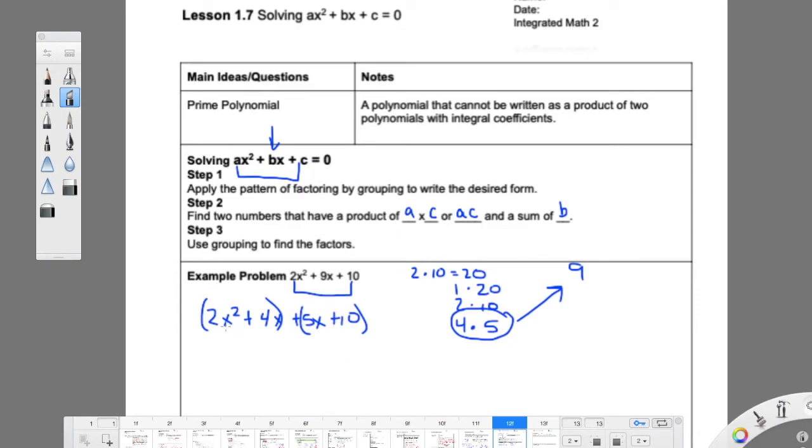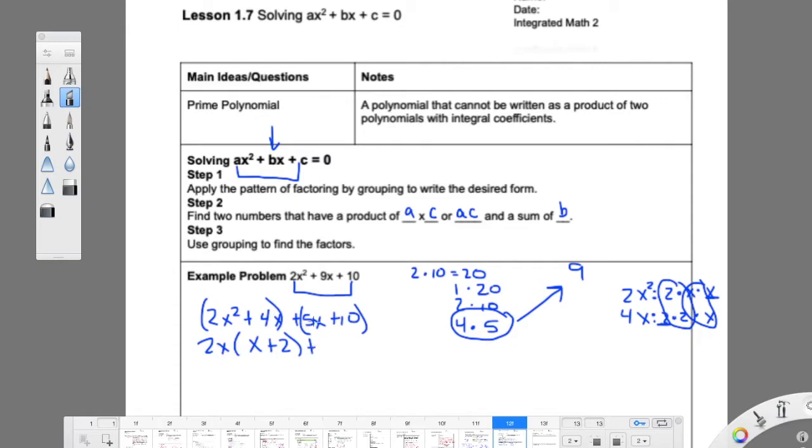I can look at these two terms: 2x squared has 2 and it has x and x, and 4x has 2 times x. So I have 2 and an x, and that's my greatest common factor, 2x. I'm left with just an x on that first one, and I'm left with just a 2 on that second one.